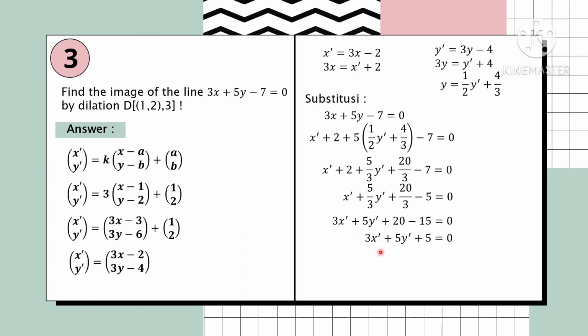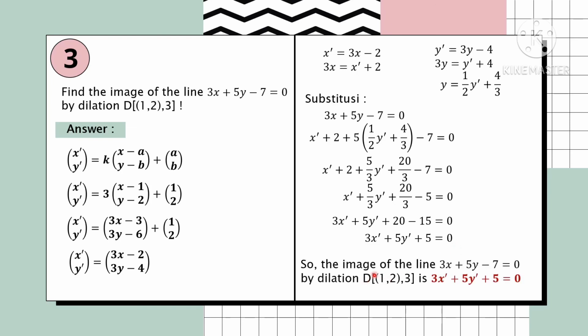Finally, we find the form 3x prime plus 5y prime plus 5 is equal to 0. So, the image of the line 3x plus 5y minus 7 is equal to 0 by dilation D with the center point (1, 2) and the scale factor 3 is 3x prime plus 5y prime plus 5 is equal to 0.